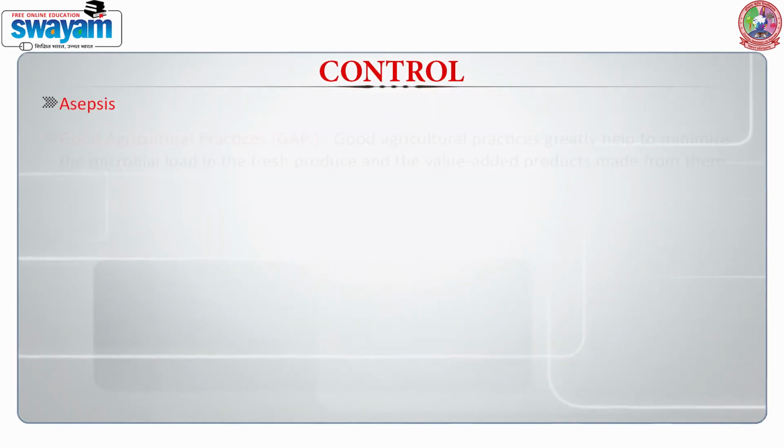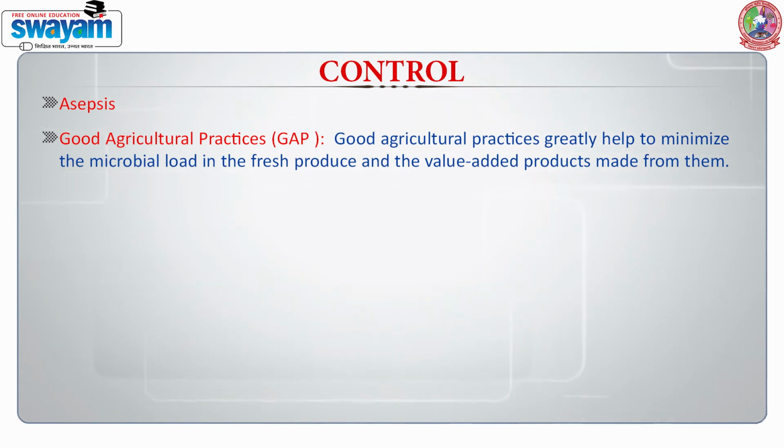After understanding that foods like fruits, vegetables and their products are spoiled by microbial growth, what should be the steps taken to control the spoilage? The first important step is asepsis, that is to follow good agricultural practices.